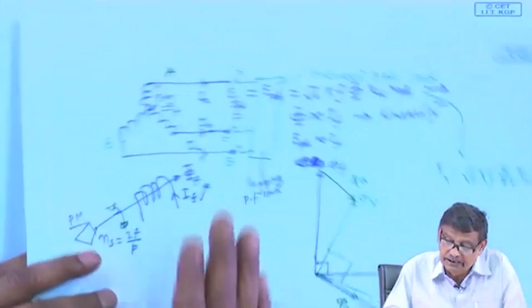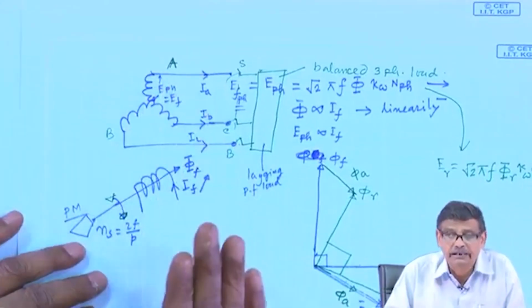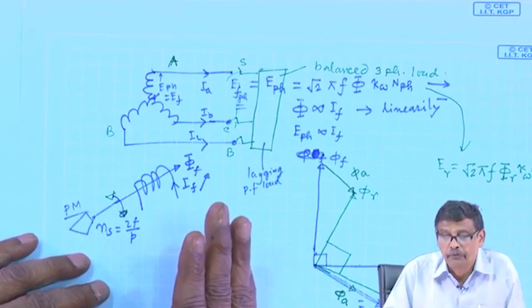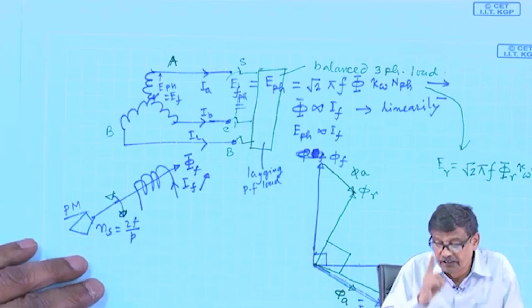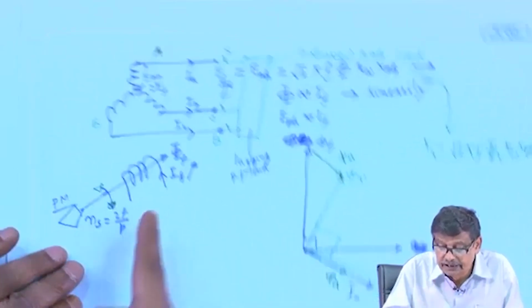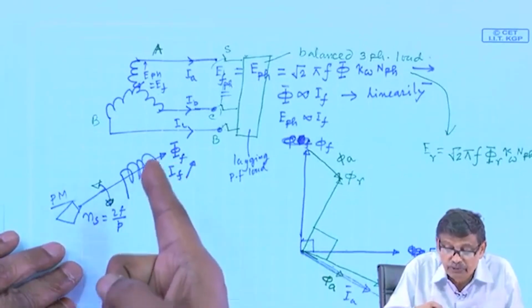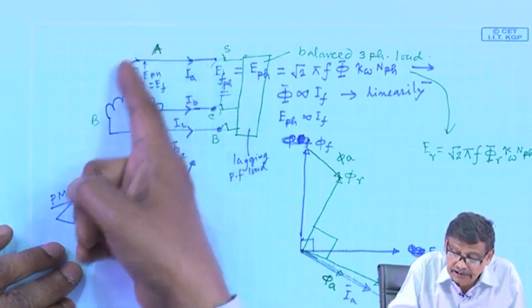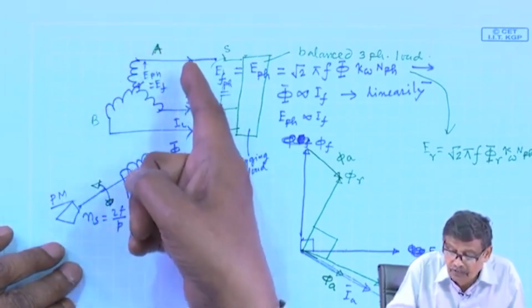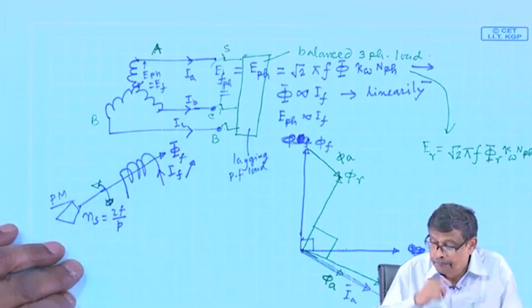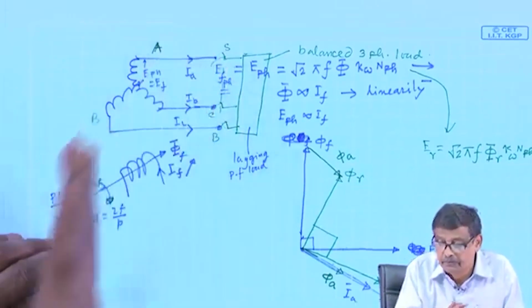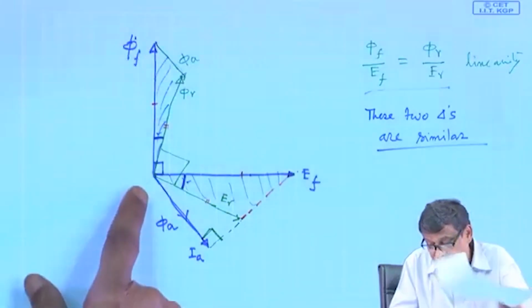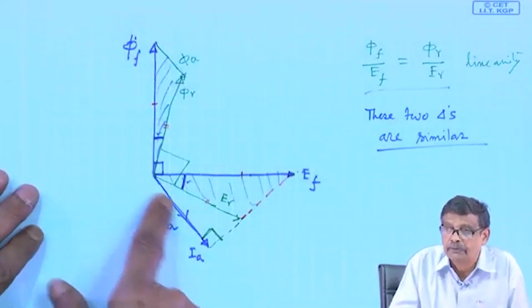The moment armature current comes, the argument is that flux per pole is bound to change, because the flux per pole is the resultant of this phi A and the field of IA, IB, IC. And I know the position of the resultant field will be along the direction of the maximum current a particular winding is carrying.